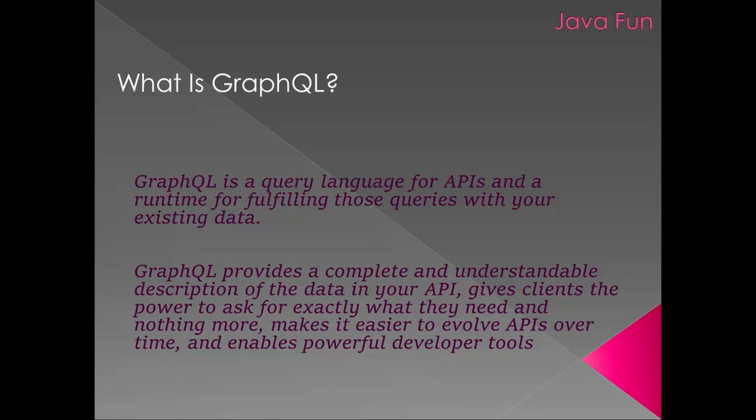So what exactly is GraphQL? GraphQL is nothing but a query language for your APIs. So let's see what exactly that means. In a REST world, whenever you are creating a new API, basically the server side creates an API and tells the client side, this is my contract.